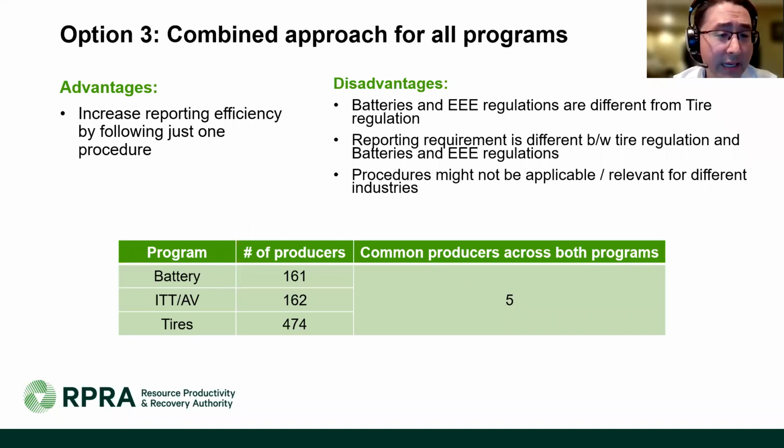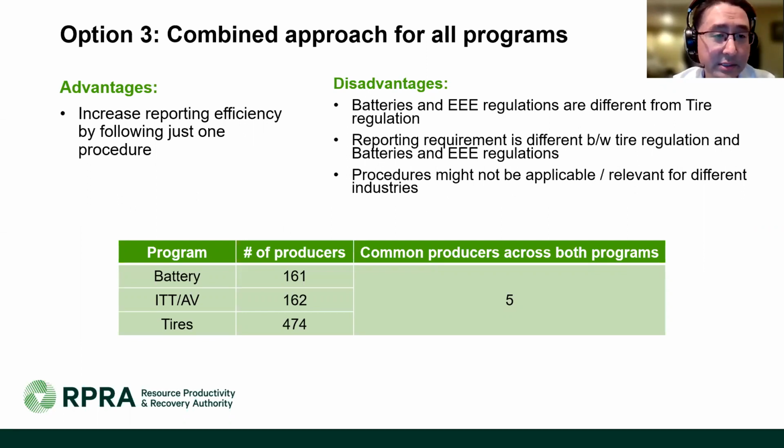However, when we look at all the currently registered producers under the three programs, battery, ITTAV, and tires, there are about 800 producers registered so far, and we find only 5 producers who supply all three materials into Ontario, and that represents around 0.5% of the total population of producers.